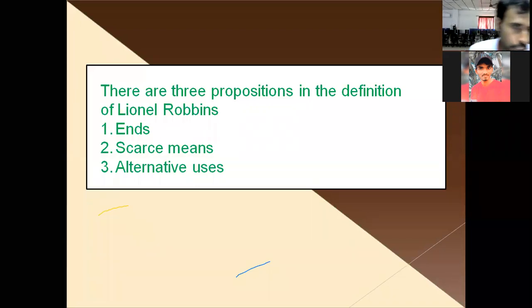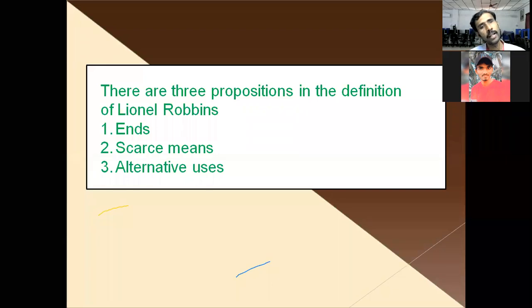The first proposition is ends, the second proposition is scarce means, and the third proposition is alternative uses. As per this context, ends in the sense the different types of wants of a human being, the different desires or wants of a human being.